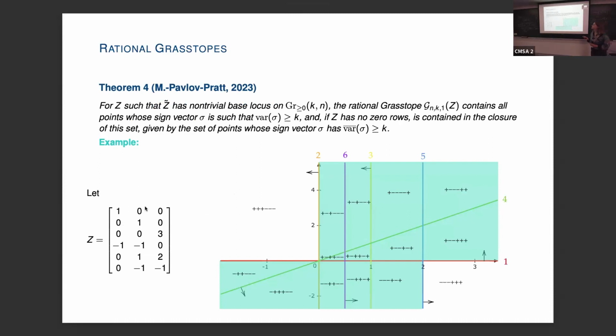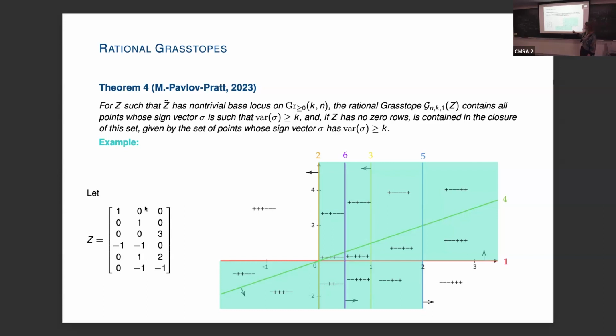So if Z has non-trivial base locus, that means that there are points in the positive Grassmannian that do intersect the kernel of Z. The rational Grasstope contains all points such that var is at least k, and it is contained in the set of points with var bar at least k. What this means is that all of the points in the interiors of these regions where we don't have zeros are all contained in our rational Grasstope.